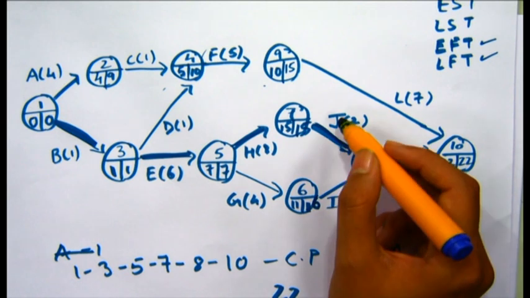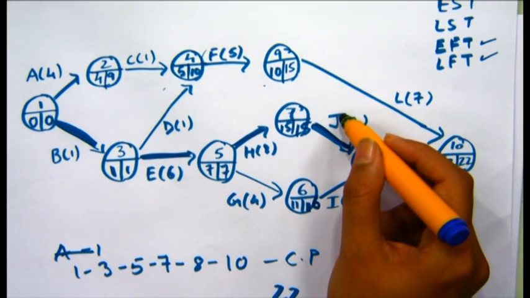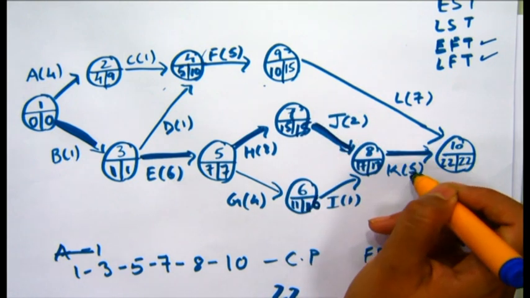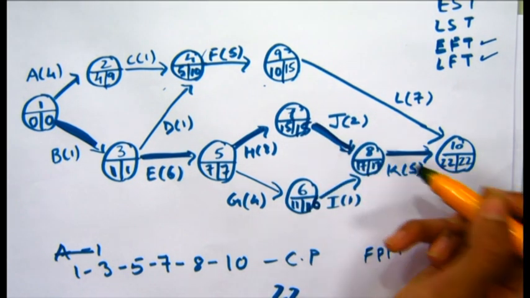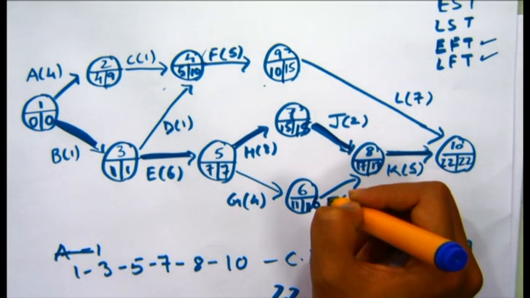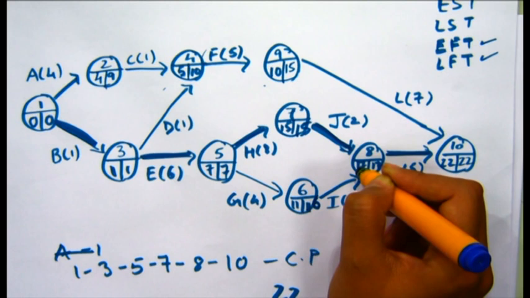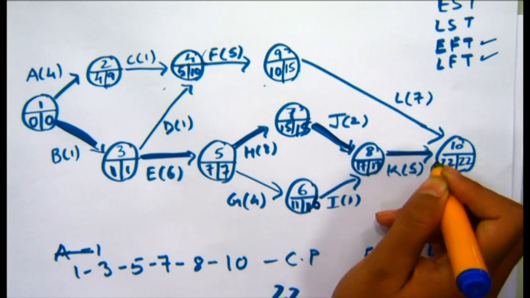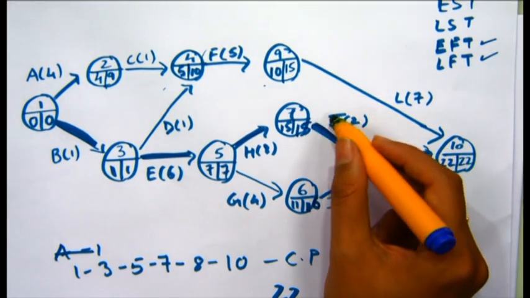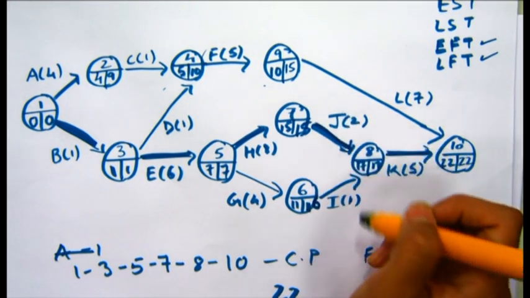have been completed. Because this event J takes 2 days for its completion, we have that K's earliest start time is 17 days. So we finish the activity I in 12 days, but we can only move forward when we reach 17 days because that is when activity J gets completed.